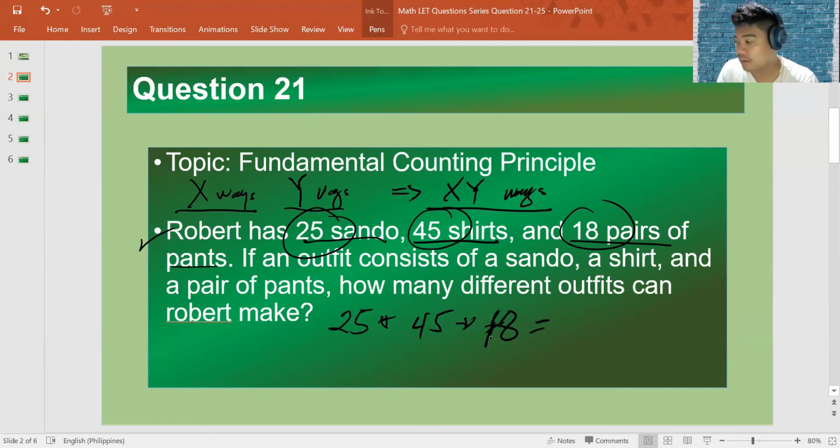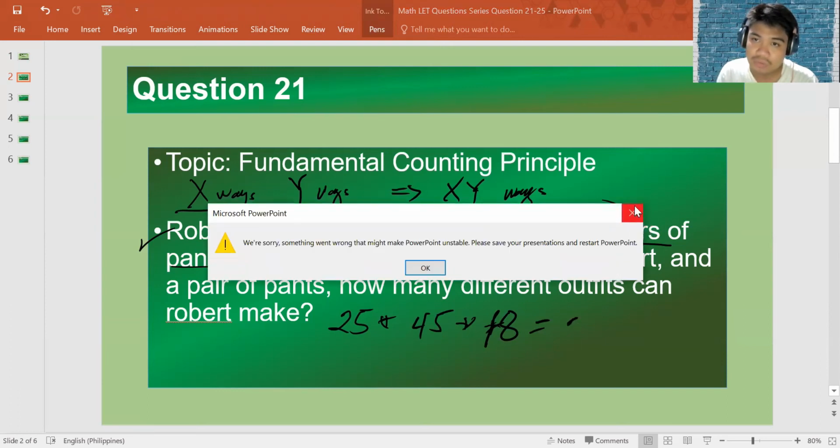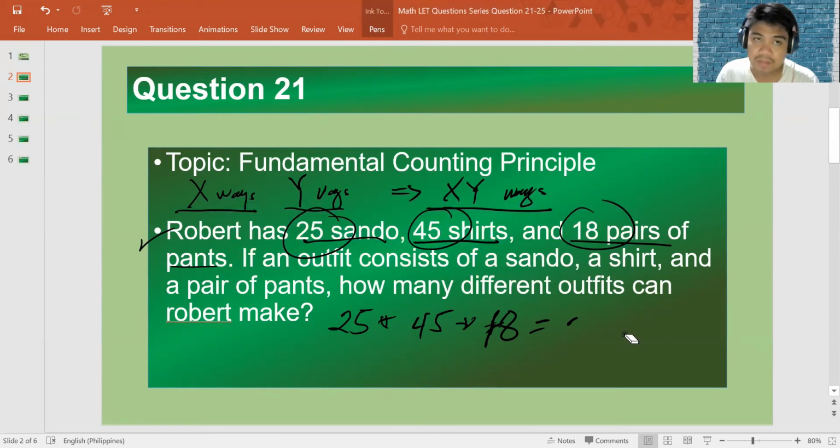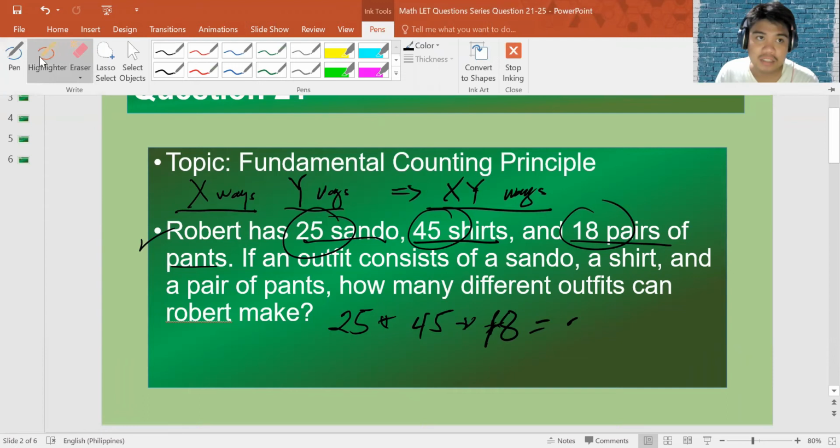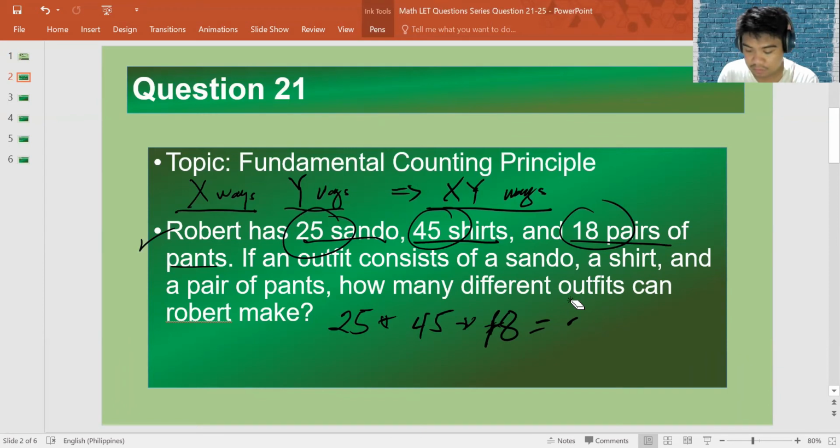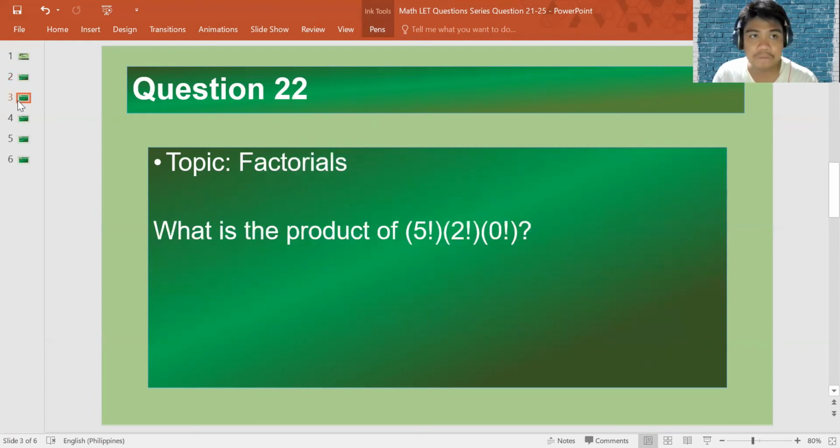So 25 times 45 times 18 is equal to 20,250. So we have 20,250 ways of creating an outfit based on these 25 sandos, 45 shirts, and 18 pairs of pants.